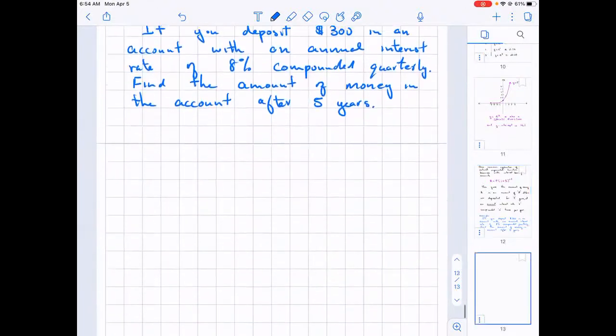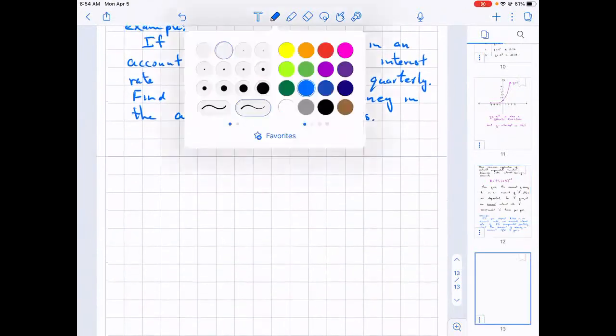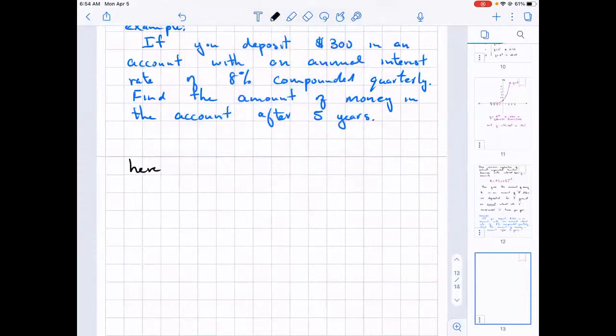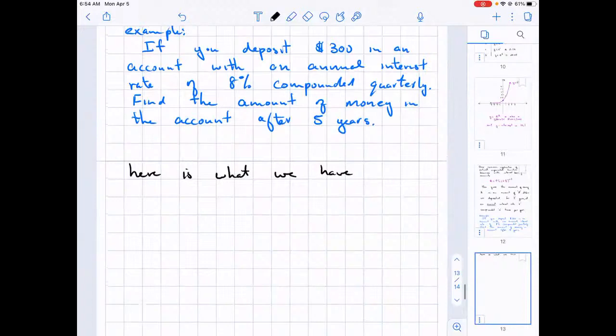So let's write down what's given. Okay. You deposit $300.